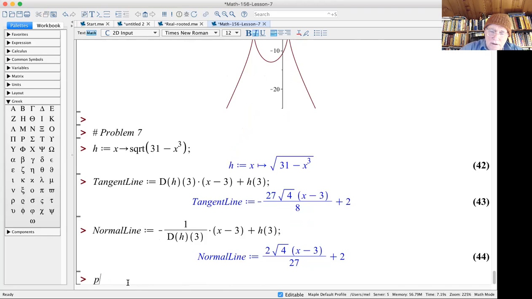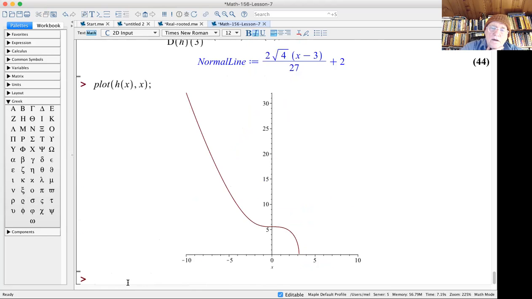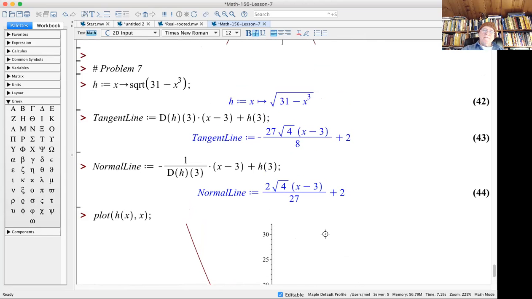Let's just plot h of x. Notice h of x is only defined where what's under the square root sign is greater than or equal to 0. So 31 minus x cubed has to be greater than or equal to 0.